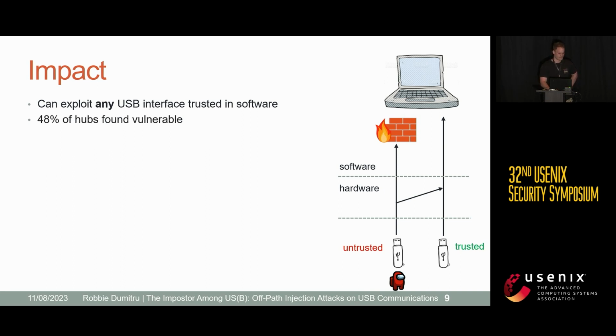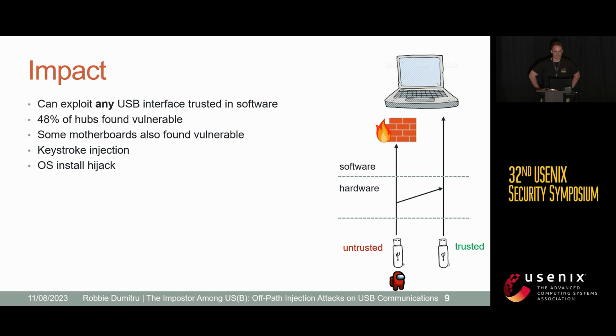We find just under half of all hubs tested to be vulnerable to our injection exploit. Some motherboards are also found vulnerable. We perform two concrete attacks, the first of which is keystroke injection, like you've seen today. In another case, we also hijack the installation of an operating system during a boot from USB stick.